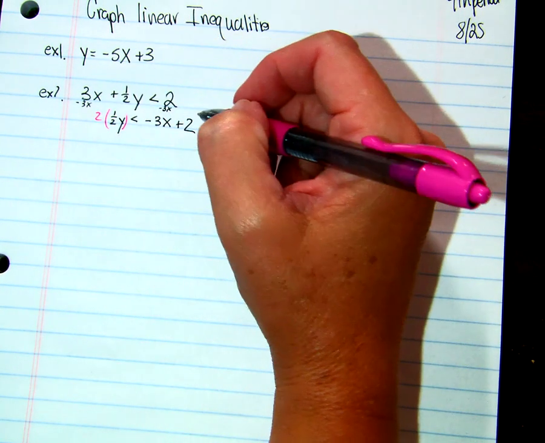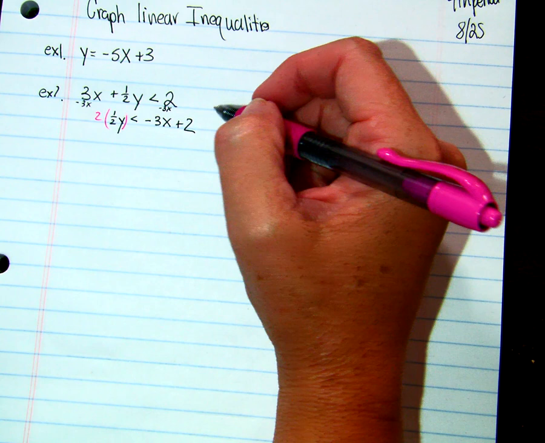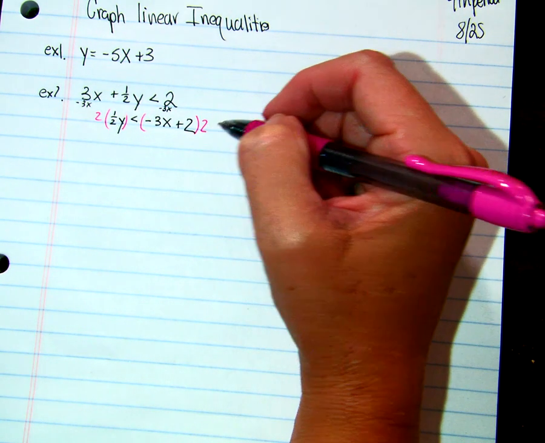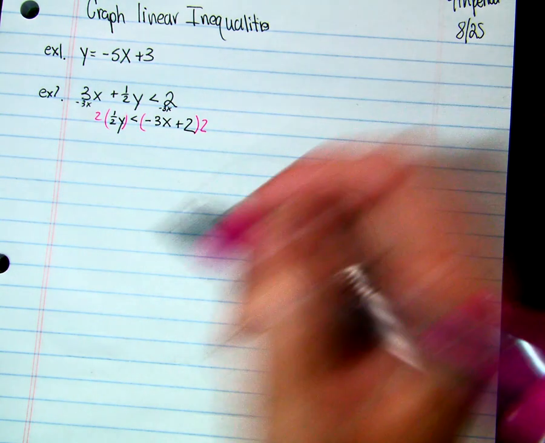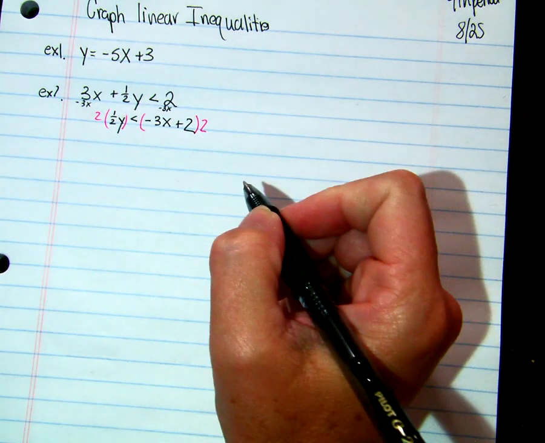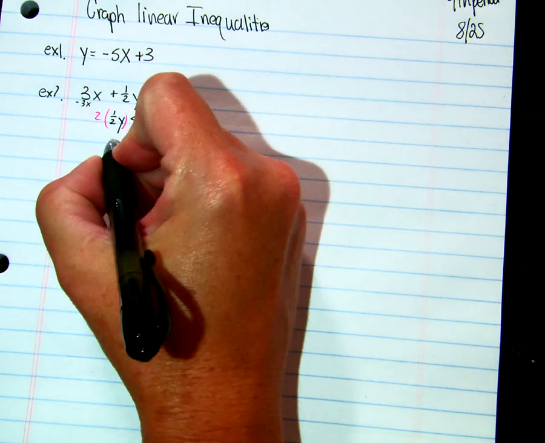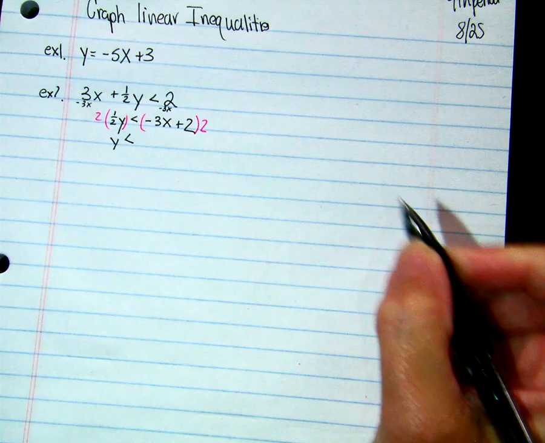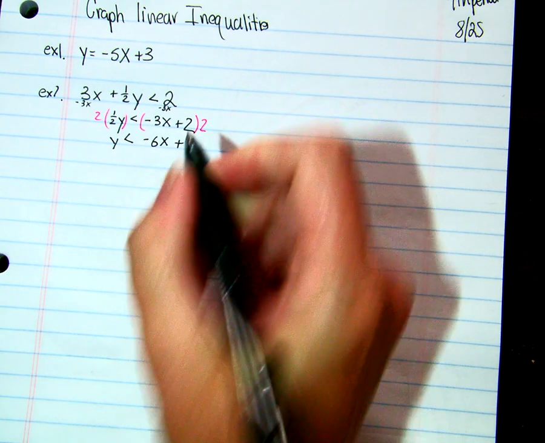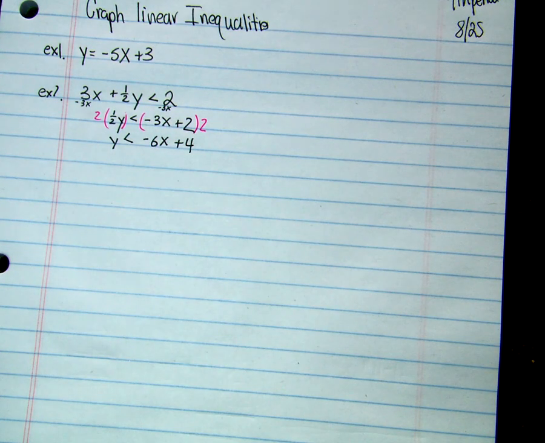Multiply the left side times 2 and multiply the right side times 2, the whole side. Was that an occasion to flip a sign? So now we get y is less than negative 6x plus 4 because it was the whole side, right? Okay, great. We've got it ready to graph.